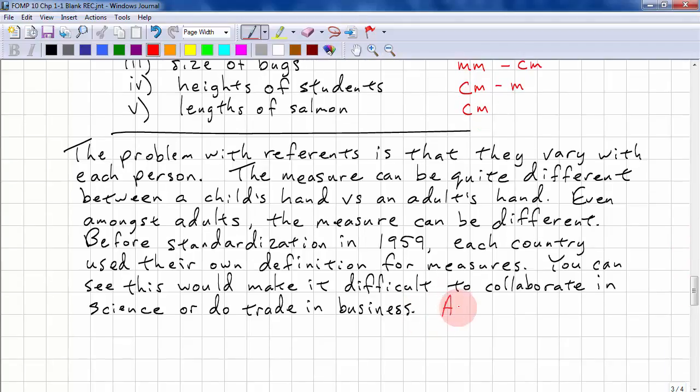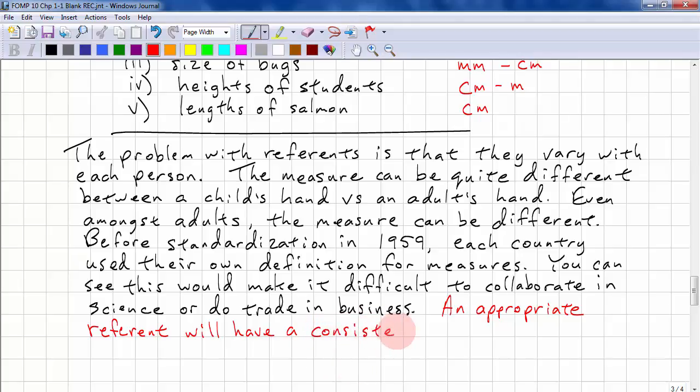So, if you're going to have an appropriate referent, it will have a consistent number over multiple measurements.